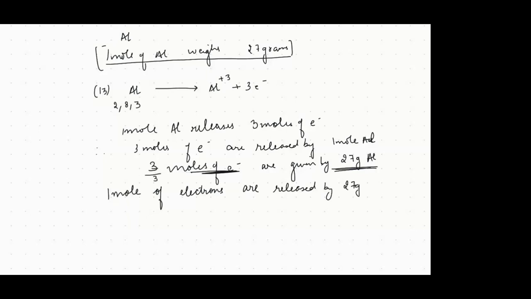So if I divide by 3 on the left, I will have to divide by 3 on the right also. Am I right? And hence, what do we get? We get 27 by 3, that is 9 grams. Yes or no?